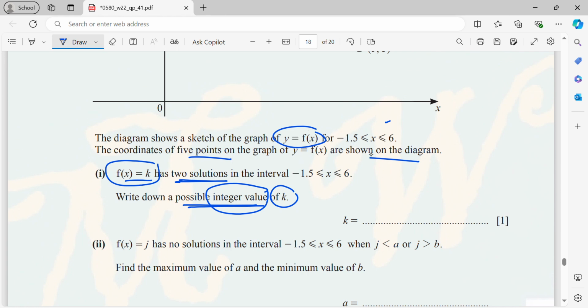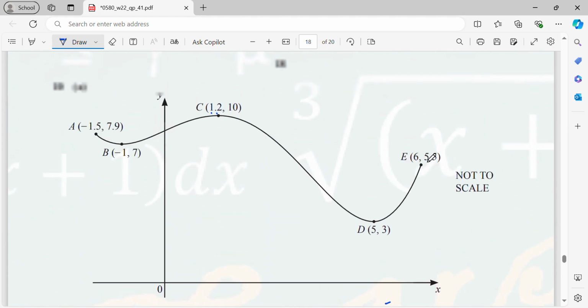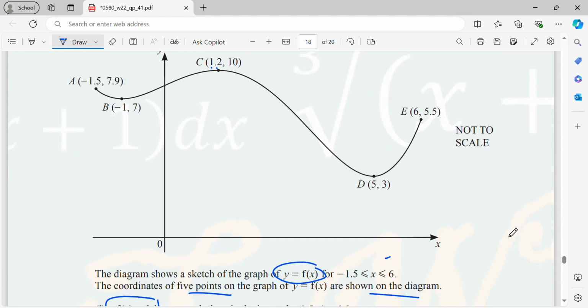So from here, basically y equals f(x) equals k. That means y equals k has two solutions. Okay, let me check. It will be between, you can say it's here.